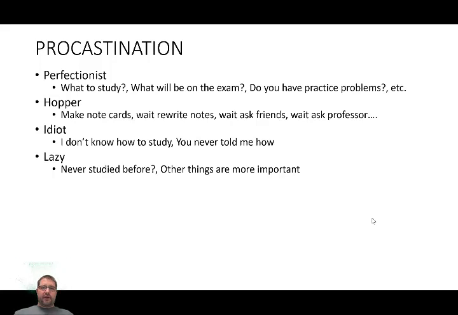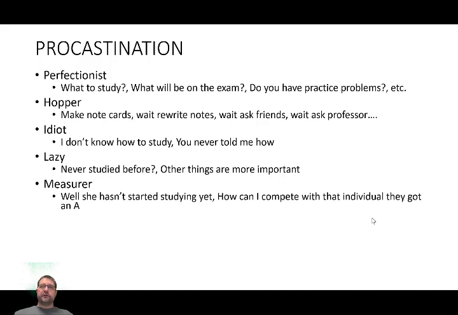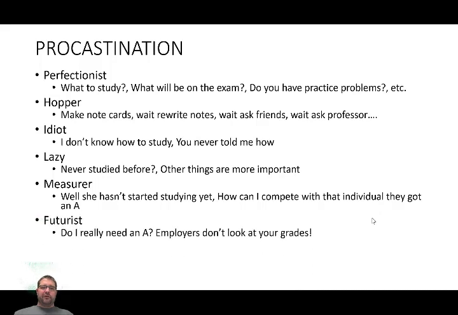It's a way to procrastinate by saying that I've never studied before, etc. Then there's measuring: I get this a lot. Oh, well, so-and-so hasn't started before, and they earned an A, so I'm not going to. The futurists, of course, I get this all the time. Well, do I really need an A? Employers don't look at your grades.